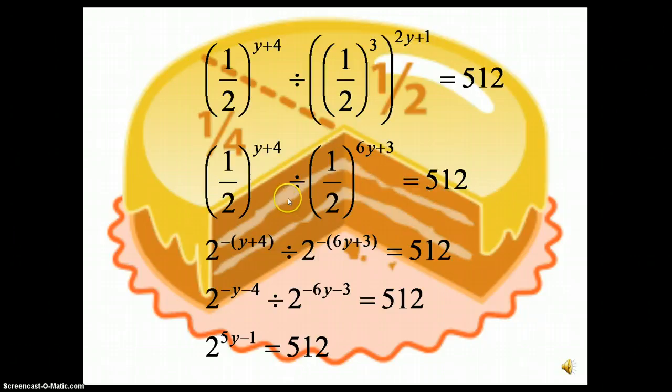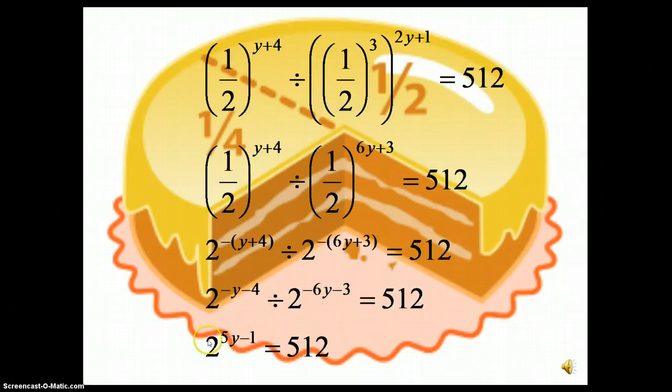Now, due to the laws of powers, this can also be written as 2^(-y-4) divided by 2^(-6y-3), and that all still equals 512. Now again, with the laws of indices, if we've got two like terms divided, then we can just take the second index away from the first.